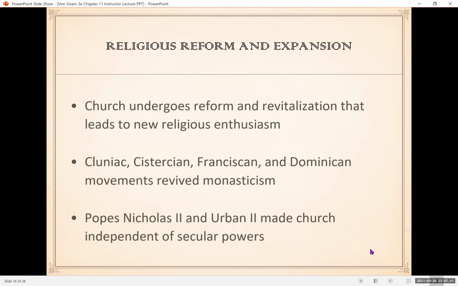However, there's also the Dominicans. Now, these were monks who were very urban. They were dedicated to preaching, but they were also dedicated to getting rid of heresy, the ideas of people not thinking the way the church wanted them to. We will know them, or be more familiar with them, by a different name, the name of what they did, and that was the Inquisition.